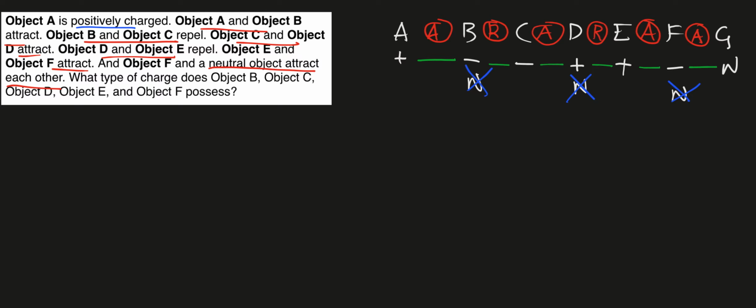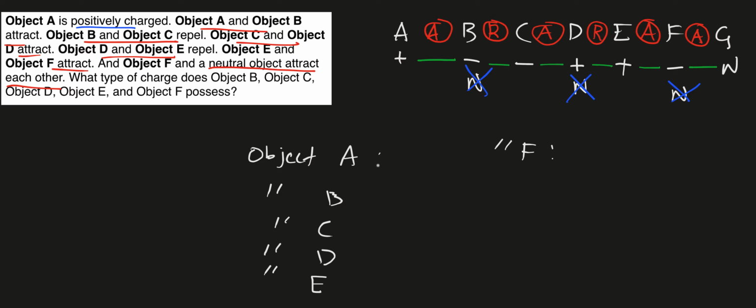And so if we wanted to write out the answers, this would be object A, object B, object C, object D, object E, and object F. Okay, so what's this going to be? Well, object A, we don't need it, but sure, we can write it as positive.